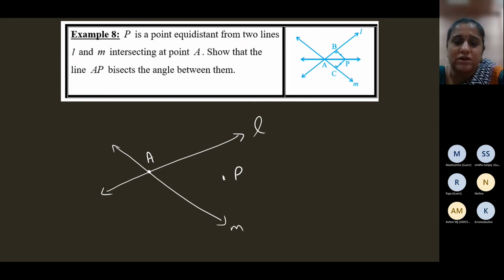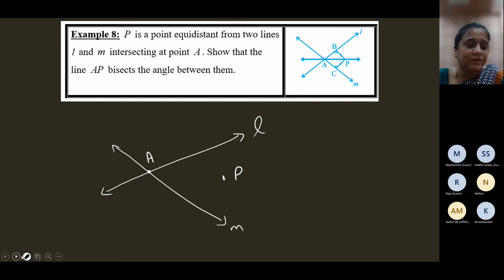In this context, when we say P is a point equidistant from two lines L and M, it always means perpendicular distance. The perpendicular distance from P to the lines L and M. Let me make it more clear.